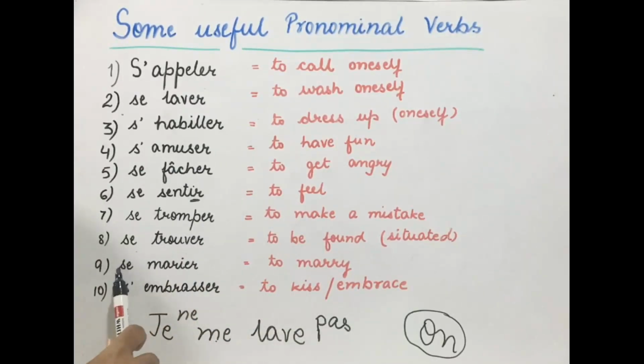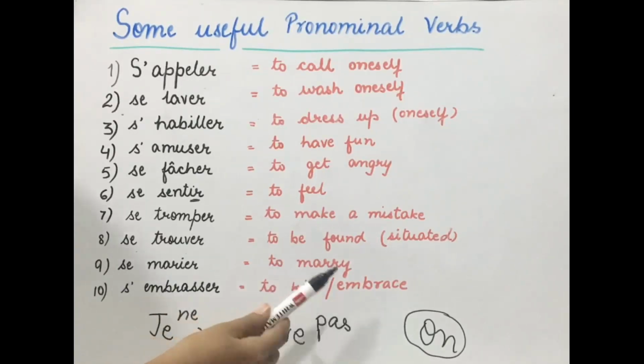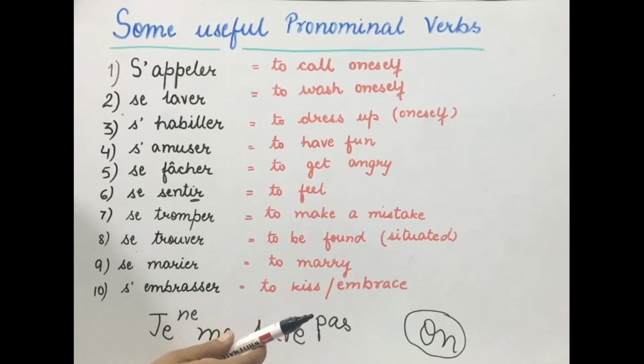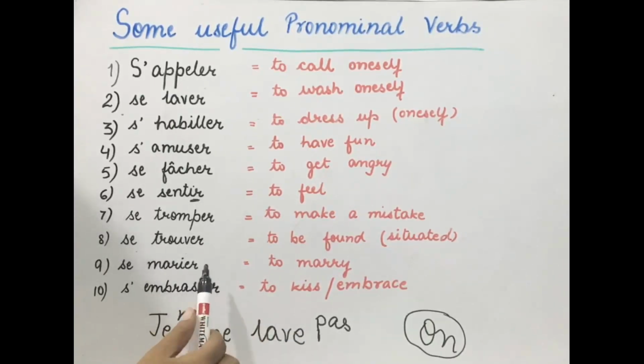The next verb here is se marier, to marry. Okay, so une fille et un garçon se marient. A girl and a boy, they marry each other. Then the last pronominal verb here we have to learn is s'embrasser.